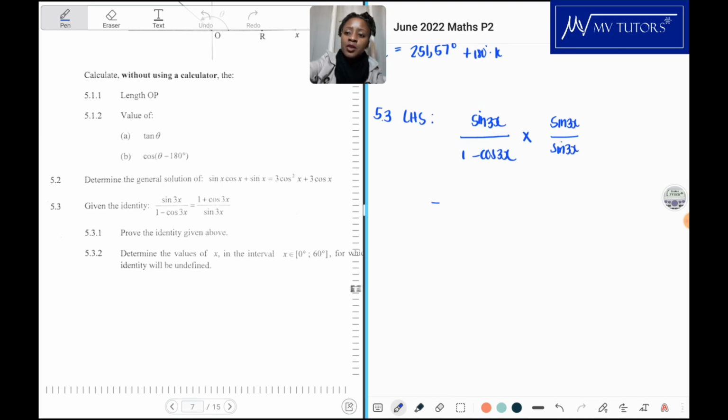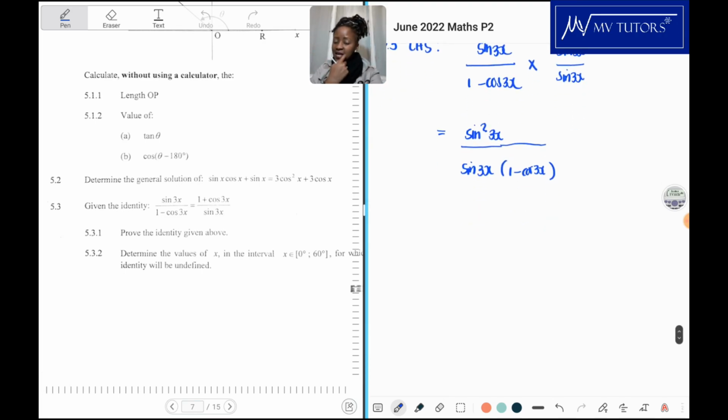Okay, so if we do that, I will get sine squared 3x in the numerator, and then I would have sine 3x times 1 minus cos 3x in the denominator.